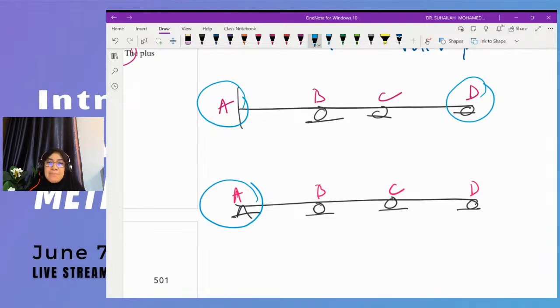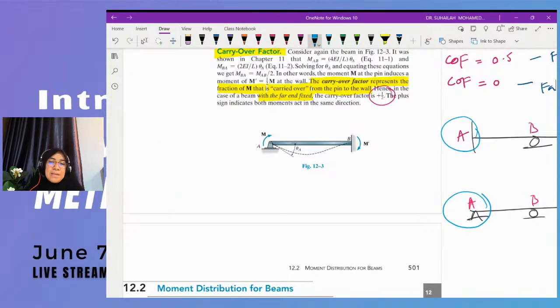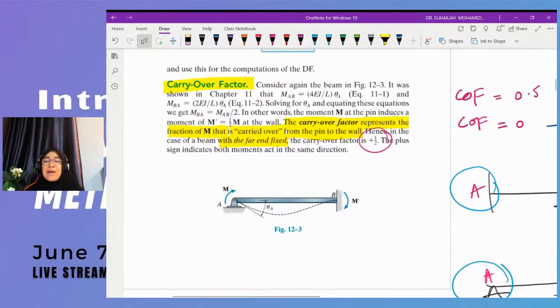BC, both are internal, we assume as fixed, so it is 0.5 for both B and C. For CD, C is internal, D is roller. So we use 0 factor for CD and 0 factor for AB. That's what the carryover factor means. We do not calculate the carryover, but we use the factor in order to do balancing in the table.